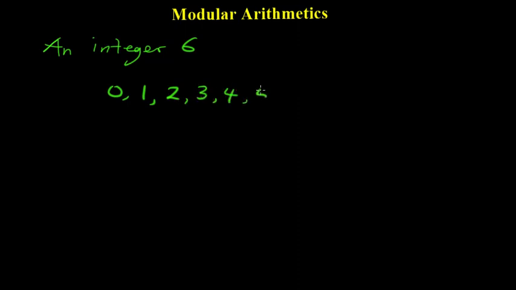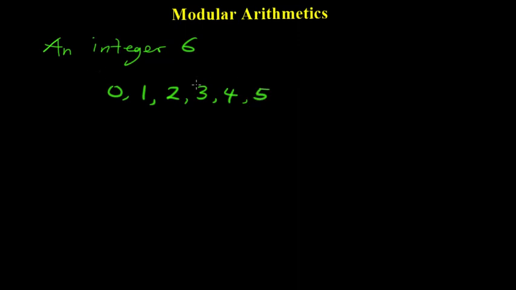Take for example an integer 6. In modular arithmetic, if you divide any integer at all by 6, the possible remainders are 0, 1, 2, 3, 4, 5.